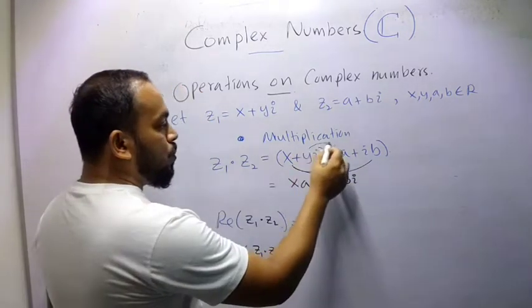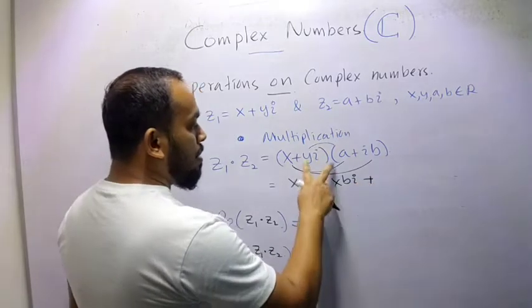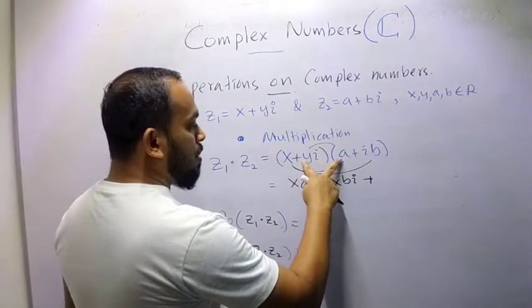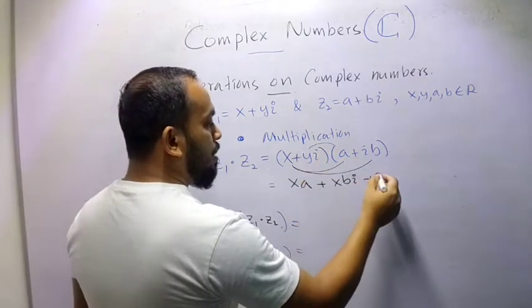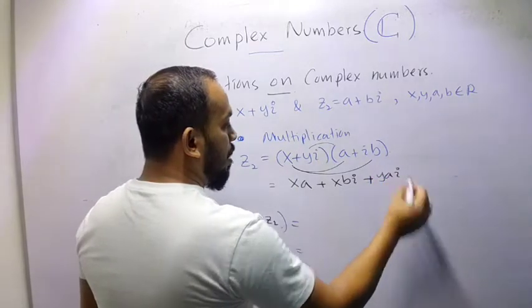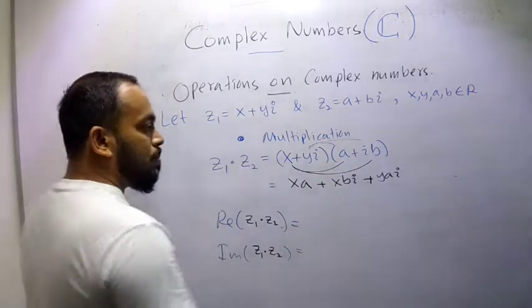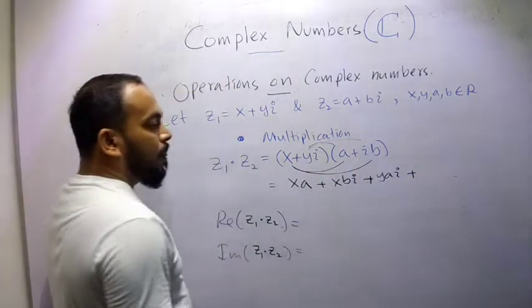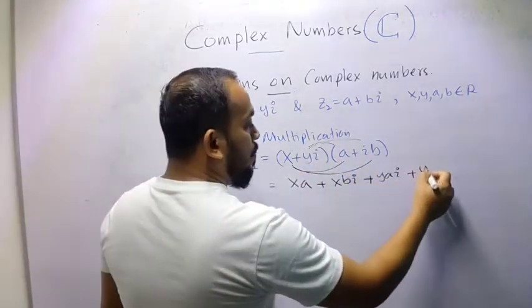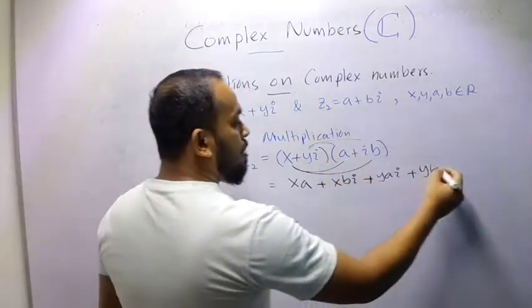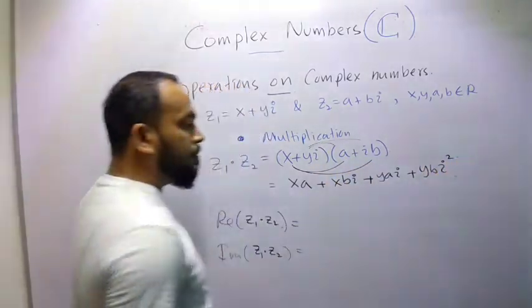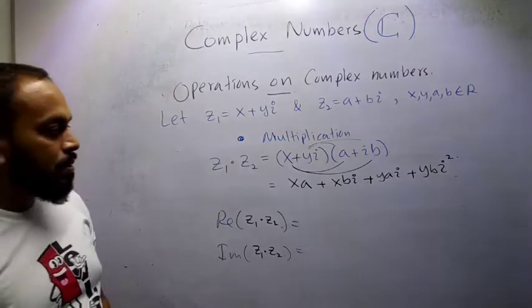Then these two, plus plus is plus, y times a is ya times i. Then these two, again plus plus is plus, yb, i into i is i squared. You know what i squared is?